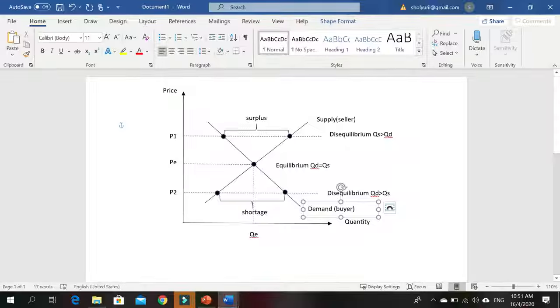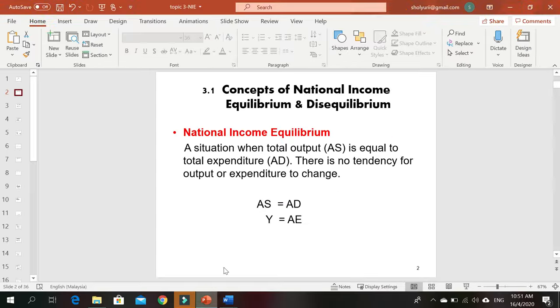Okay, so macam mana kita dapatkan equilibrium in the market is when the demand curve and the supply curve intersect. So, the intersection of this demand and supply curve, kita akan dapat equilibrium. Dan equilibrium dalam market bermaksud quantity demand is equal to quantity supply. So, sama lah tadi. Equilibrium dalam national income bermaksud supply is equal to demand. Cuma je kita tengok dari segi aggregate.